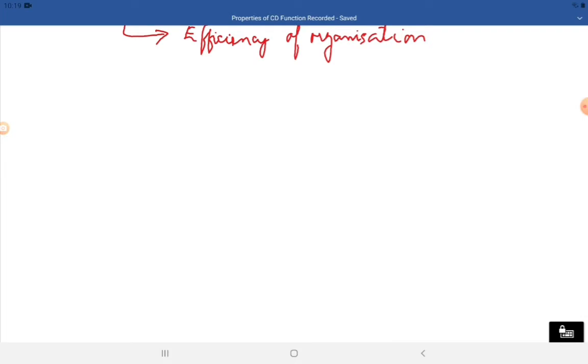Finally, the efficiency of production of different firms can be estimated and understood by comparing the values of A in the production function.